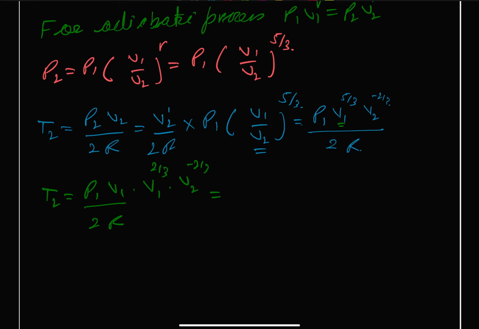So this comes as P1 V1 divided by 2R, and we have V1 upon V2 whole raised to the power 2/3. So this comes as T1 times V1 upon V2 to the power 2/3.